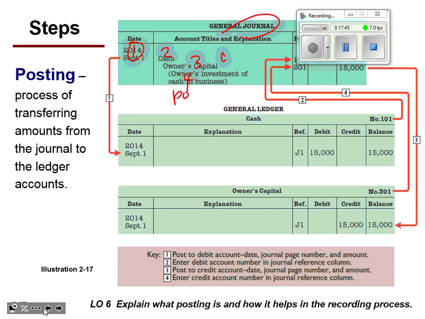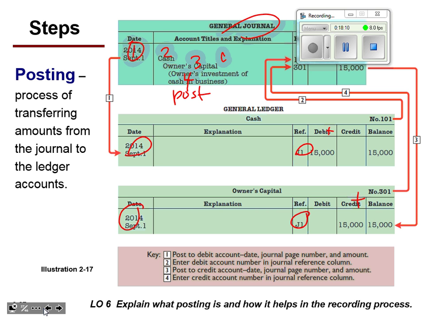Then I'm going to stop and go post. Which two accounts? I'm going to go find the cash ledger, and on that same date from journal page 1, I'm going to put that $15,000 debit. Then this credit, again, date, journal page 1, the $15,000 credit, updating both of the balances.